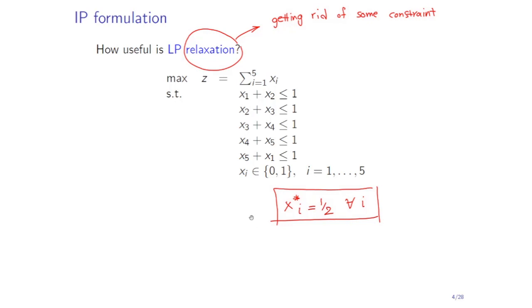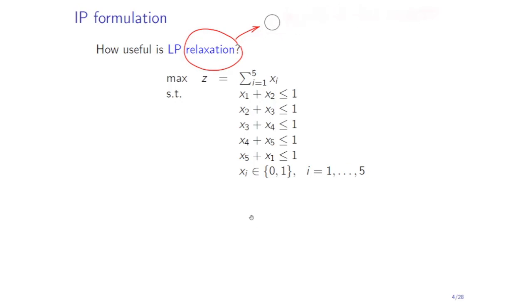Okay, so an LP relaxation problem is not useful in terms of finding the optimal solution of an integer program directly, but it is useful for getting an upper bound on the objective value of your original problem in a maximization problem. Since it is a relaxation, you don't have some constraint, so you will always get an objective value which is better than the optimal objective value of the original integer program.